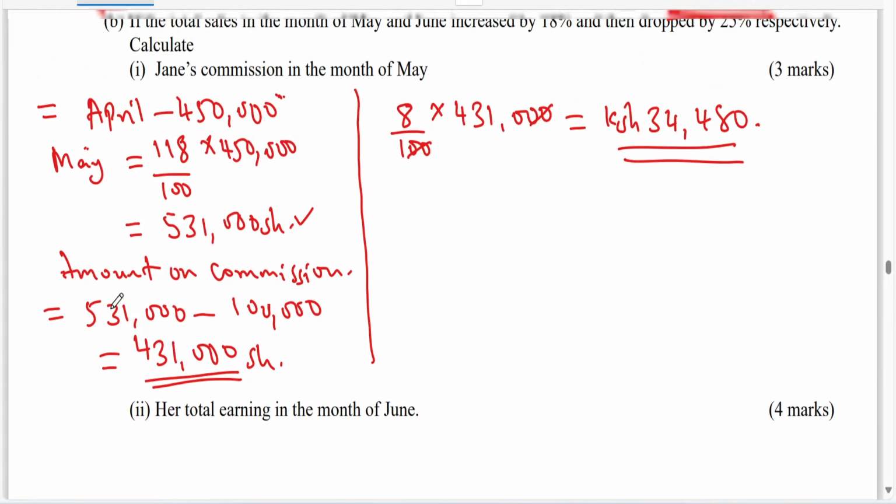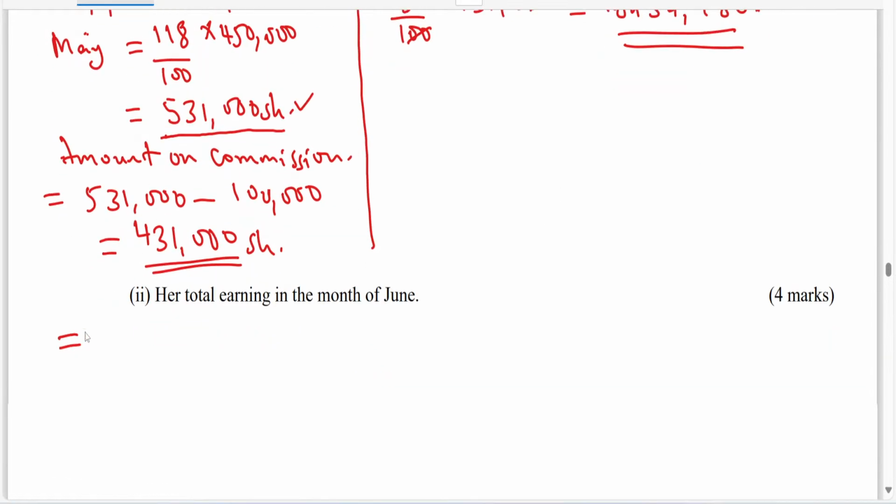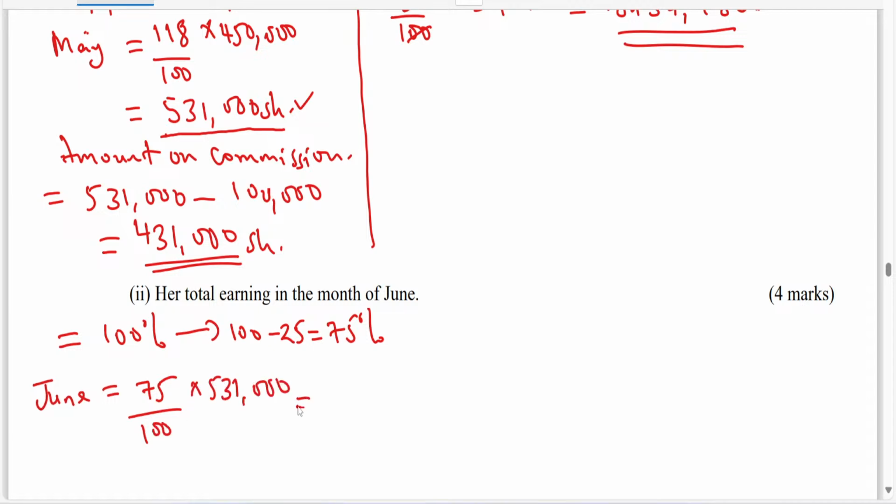It says that sales dropped by 25%. But which sales dropped? The sales that dropped are those of May, which is 531,000. It dropped by 25%, so original 100% minus 25 leaves 75%. In June you get 75% of 531,000 shillings, which gives your sales during that month: 398,250.